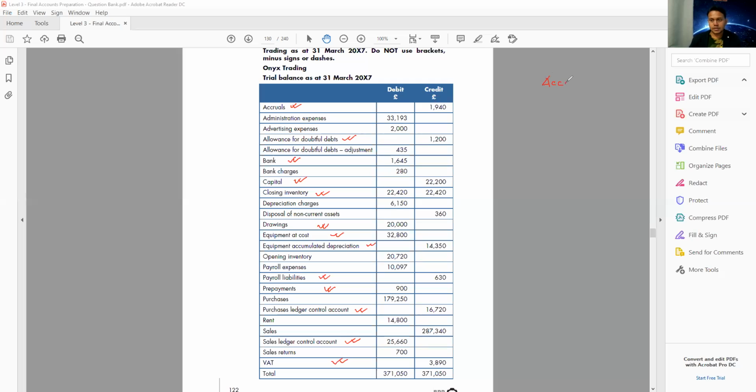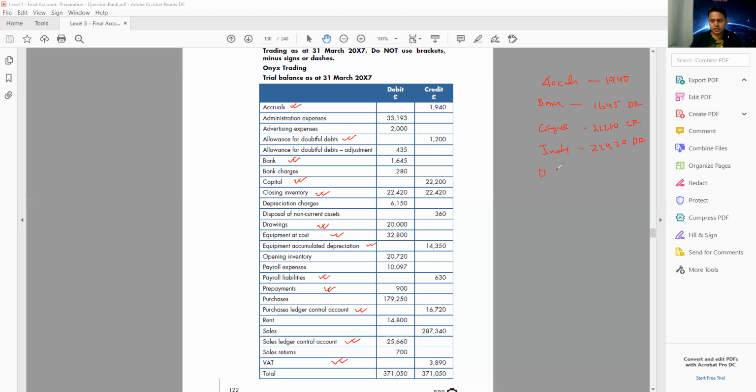Accruals 1940. We have already adjusted that, allowance for doubtful debt, so you don't have to worry about it. Bank, we have 1645, that's debit. Then we have capital 22,200, that's credit. Then inventory 22,420, that's an asset, the debit.